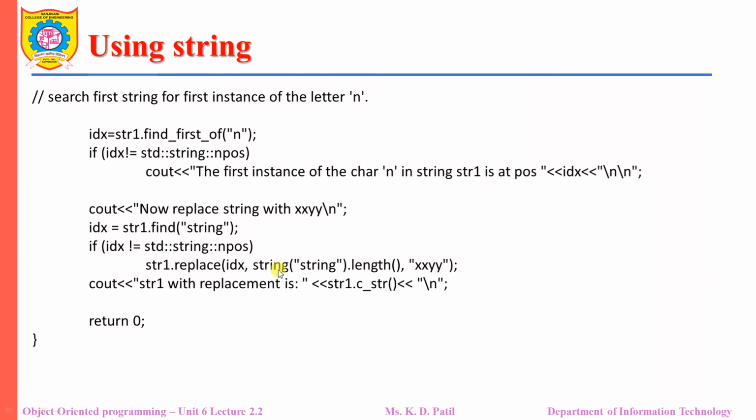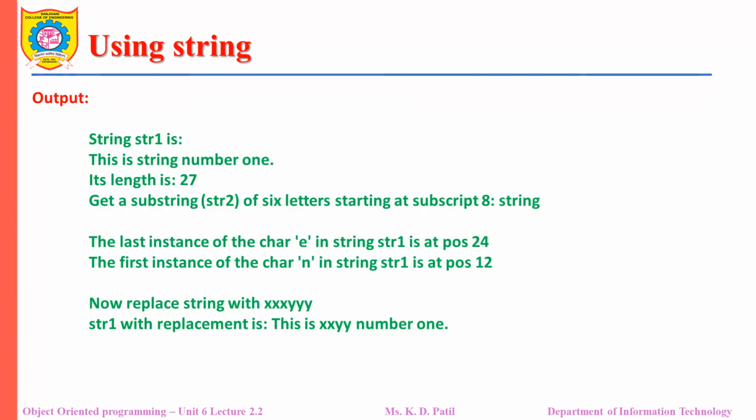After that the string length will be calculated, and then the complete length will be replaced with xxyy, and after that the string will be printed. So these are the different functions which we can use from the string class provided by the C++ standard library. If you observe the output, we will get the output like that.